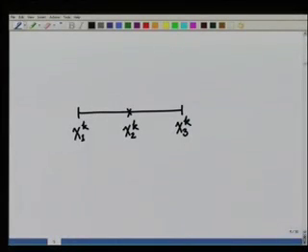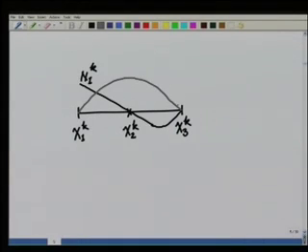Similarly, phi 2k minus 1 in this element would be called N1 of k, phi 2k will be called N2 of k, and phi 2k plus 1 will be called N3 of k.